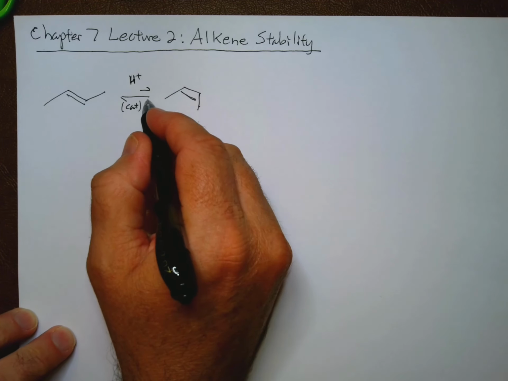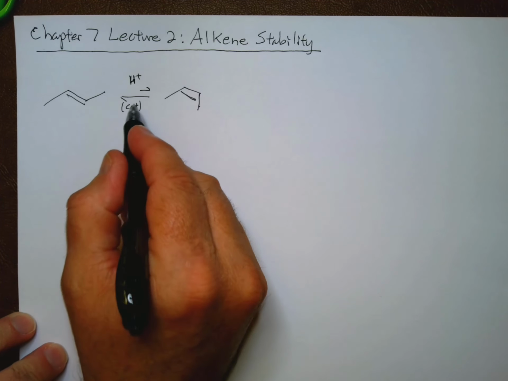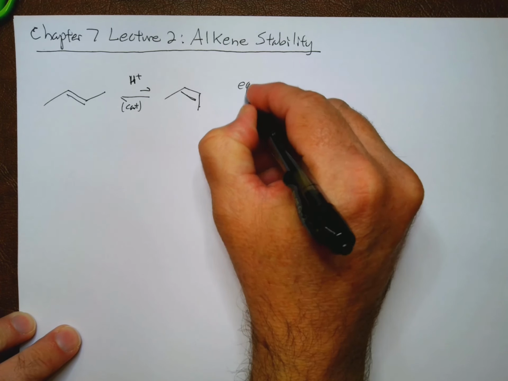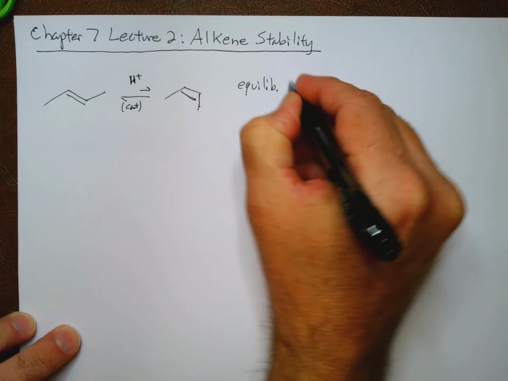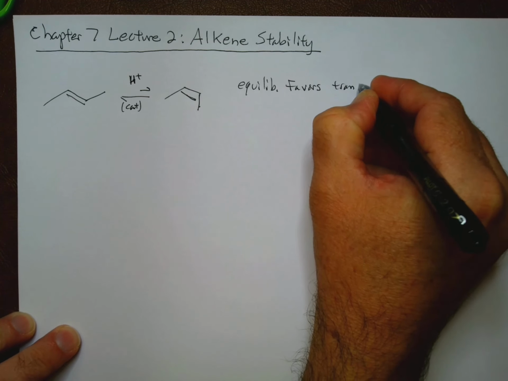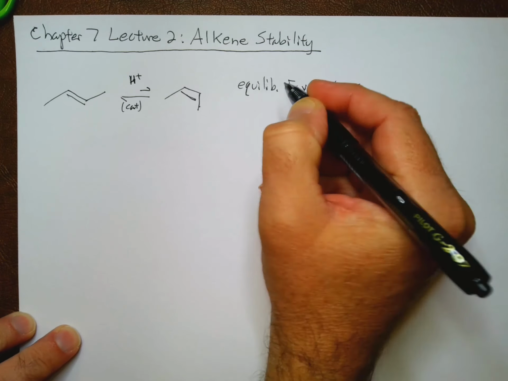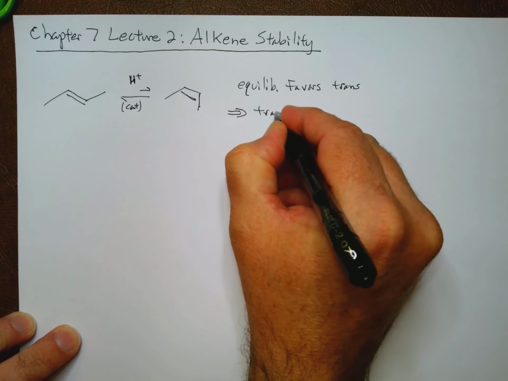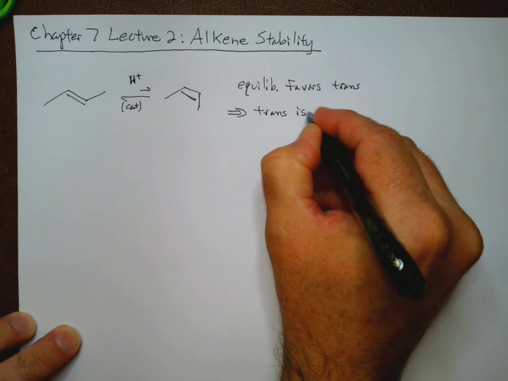Now, if we took a look at this, we would see that the equilibrium actually favors the trans. Another way of saying that is that the trans isomer is more stable.